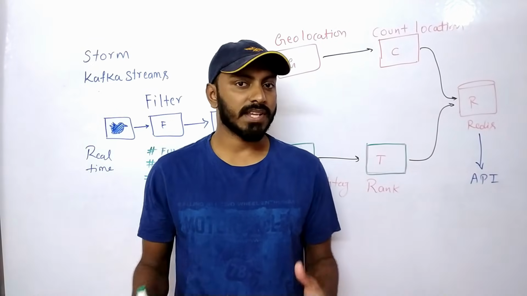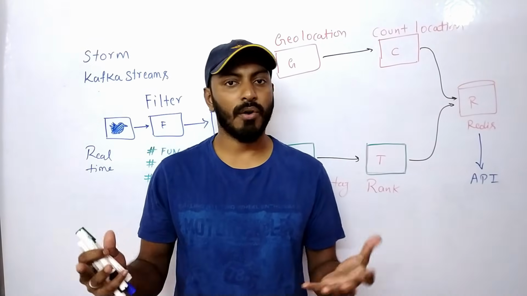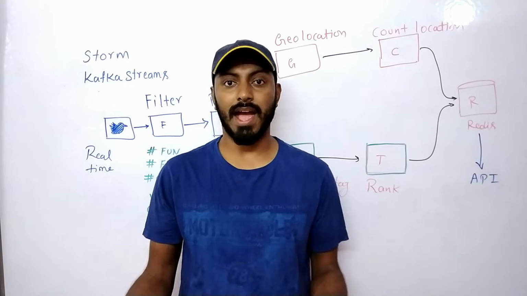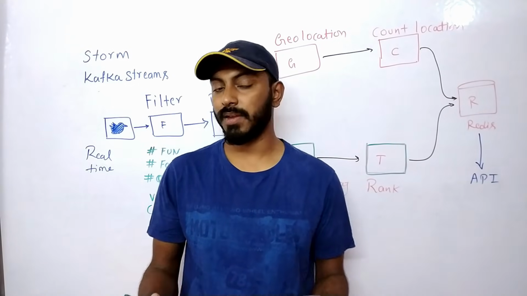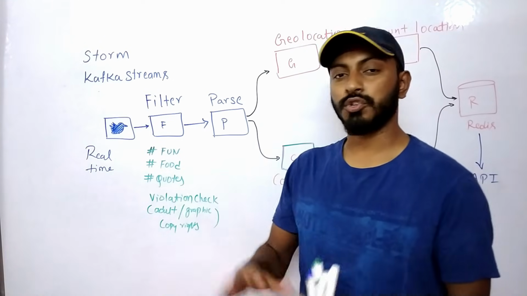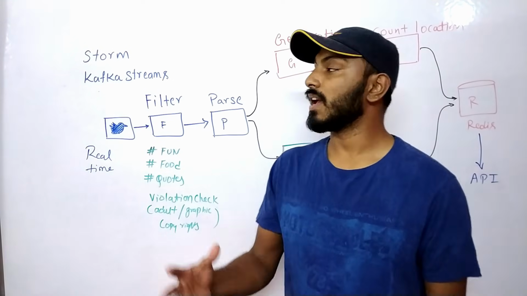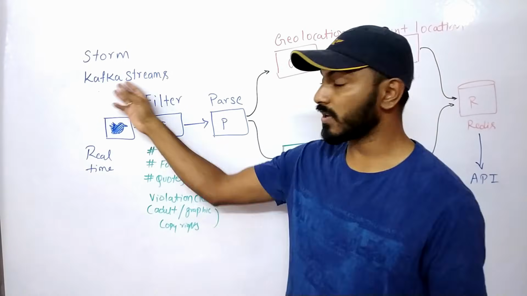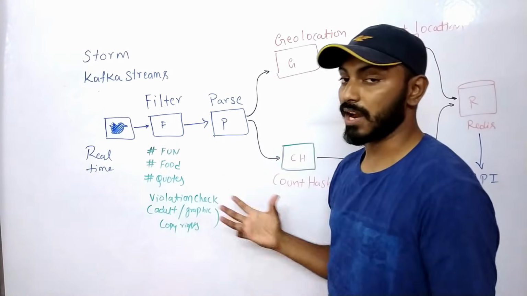Here is the system designed for stream processing of the tweets to figure out what is the trending hashtag or keyword. Now you can build this system using 2 or more different kinds of frameworks, like you can use Apache Storm to build the whole thing, or you can use Kafka Streams also to build this kind of system.